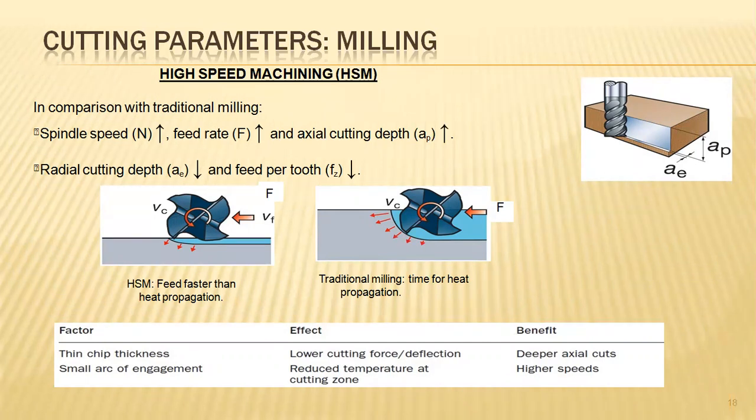Thin chip thickness will be achieved, and the effects are low cutting force per deflection, and the benefit is that deeper axial cuts are possible here. In the case of the small arc of engagement, it reduces the temperature at the cutting zone, with a good surface finish. And a better benefit is that it has high speeds.